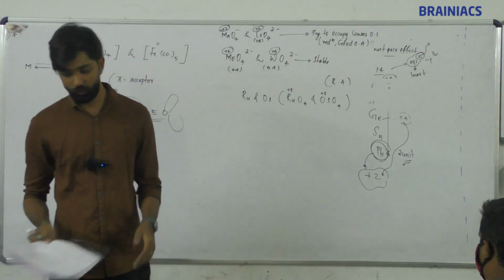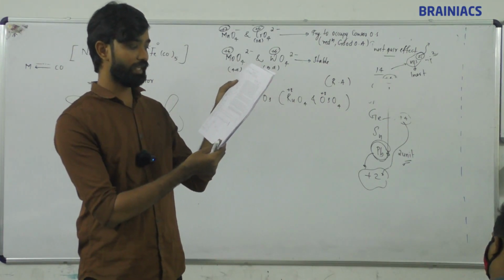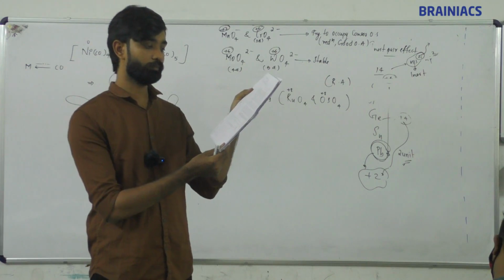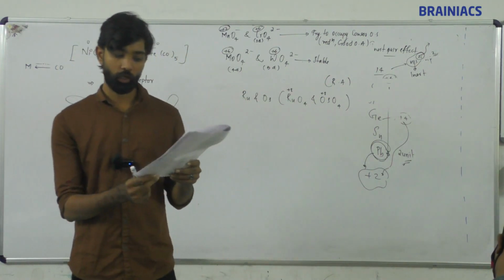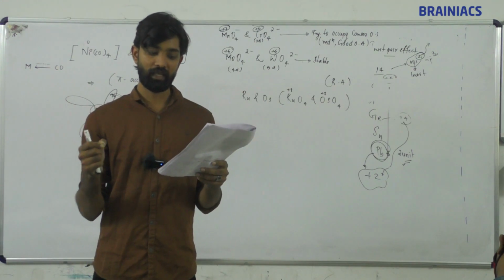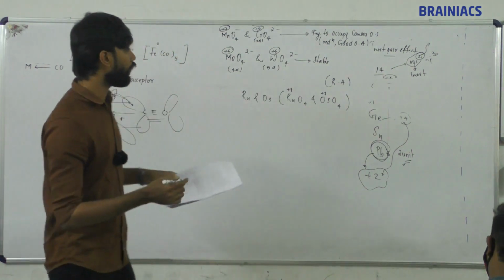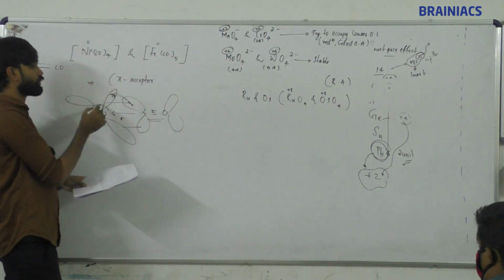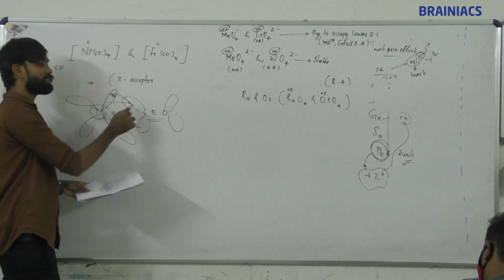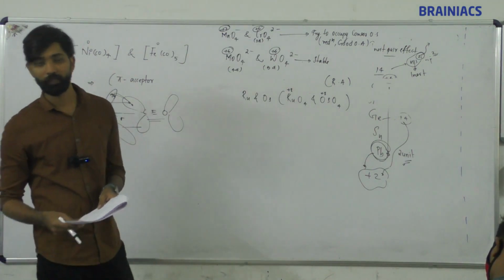A point given in your textbook: low oxidation states are found when a complex has ligands capable of pi acceptor character. So usually a metal exists in a low oxidation state when it is in contact with a pi acceptor ligand.